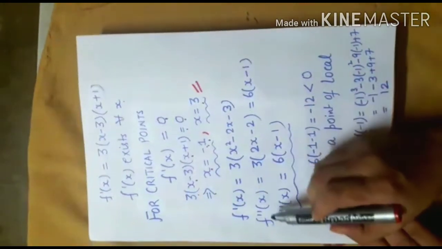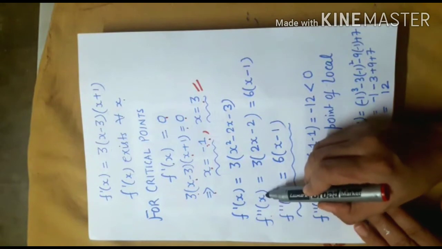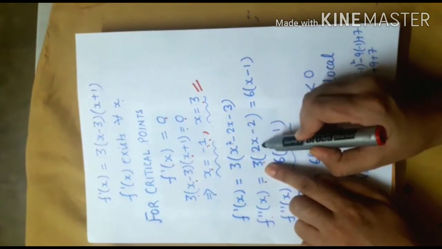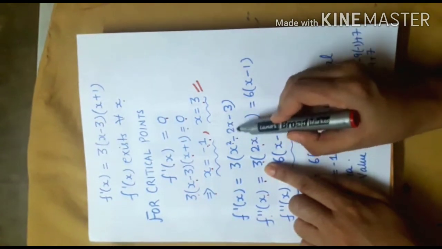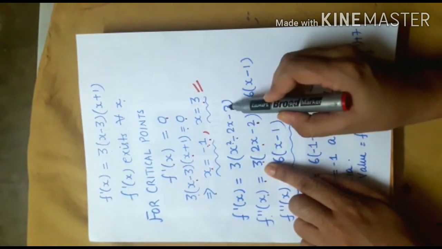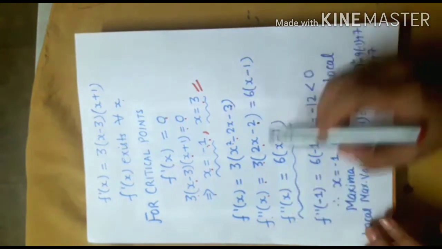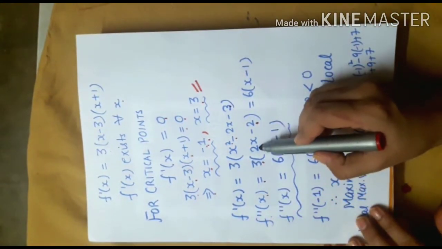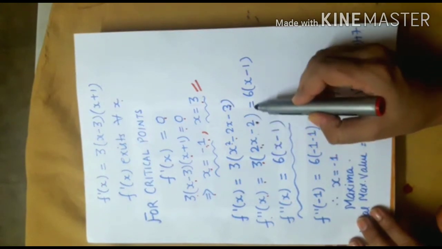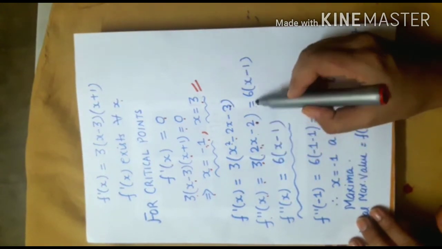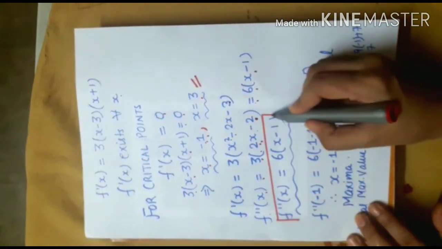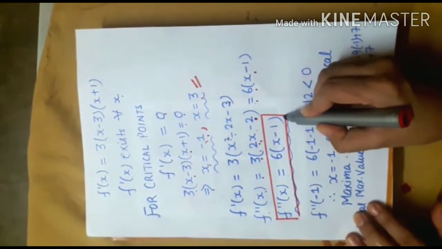So I'll get f double dash x is equal to 3 into (derivative of x square is 2x, minus derivative of 2x is 2, and derivative of 3 is 0). So I'll get f double dash x is equal to 3 into (2x minus 2). I take the common factor 2, so I'll get here 6 into (x minus 1). So the second order derivative is this.